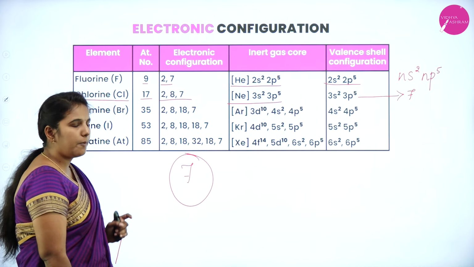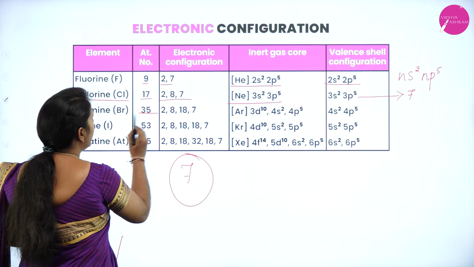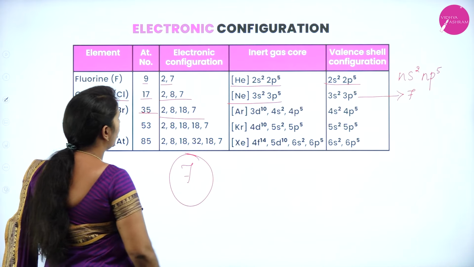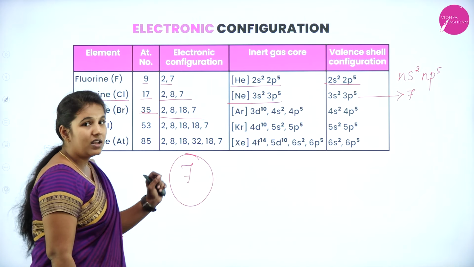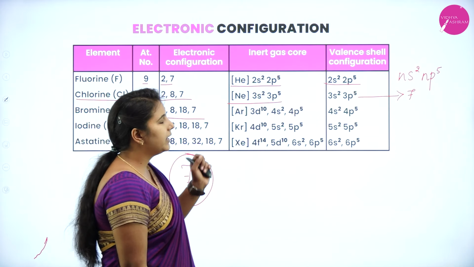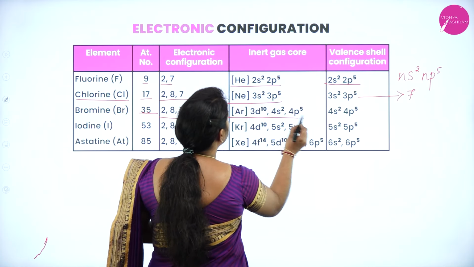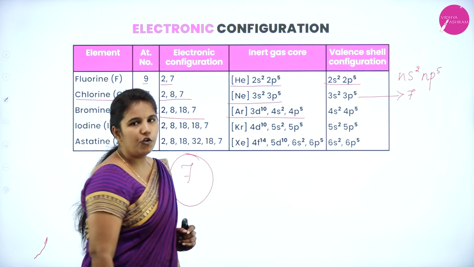Okay, coming to bromine, it has atomic number 35. You can say that its electronic configuration is 2, 8, 18 and 7, and the inert gas core configuration goes like this, argon 3d10 4s2 4p5.